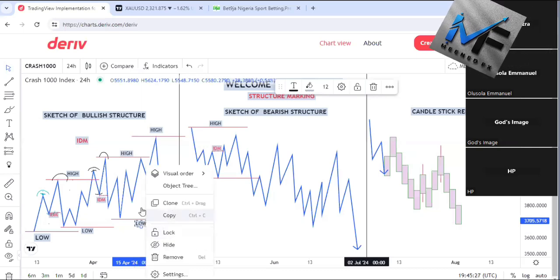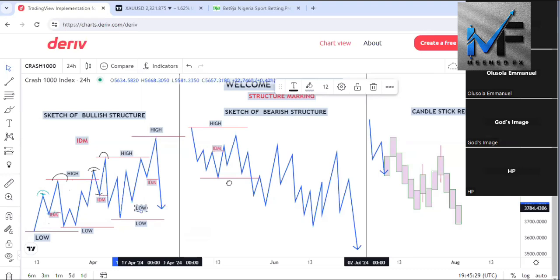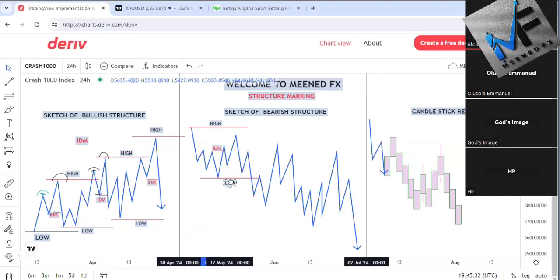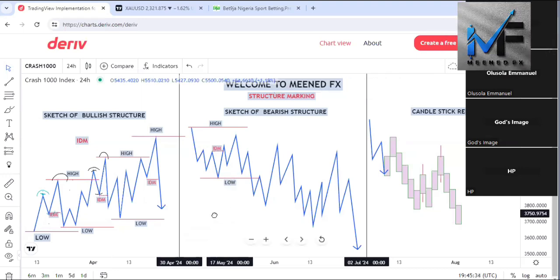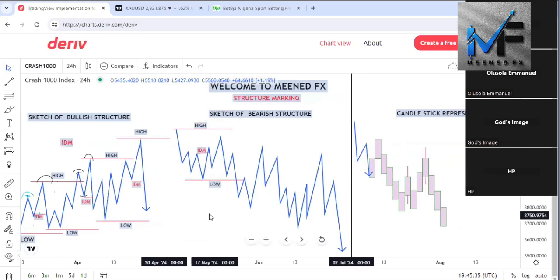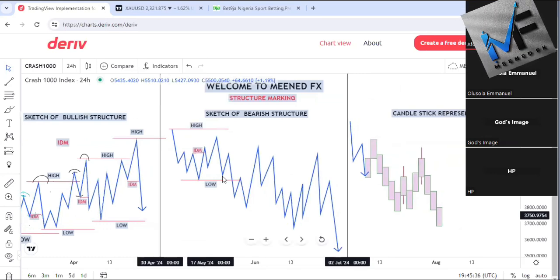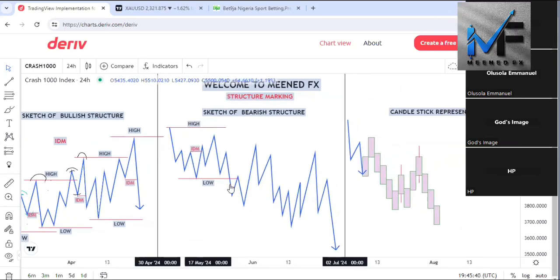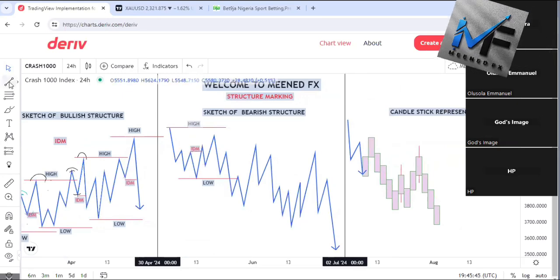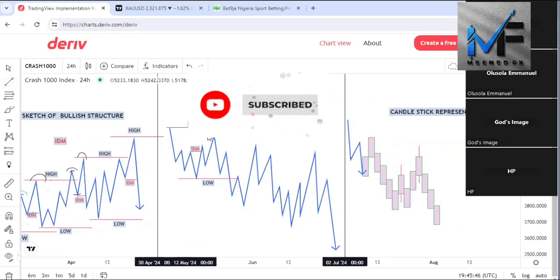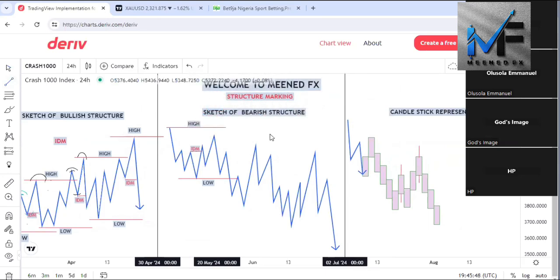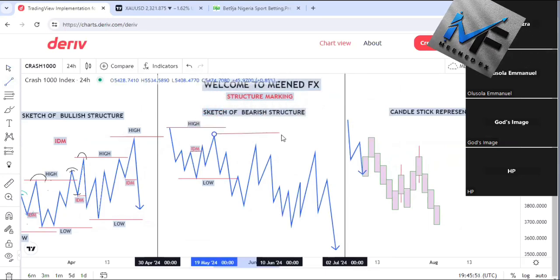So this place becomes our valid low. And then we wait for the same process, because this low has now been taken. So we have this new high.